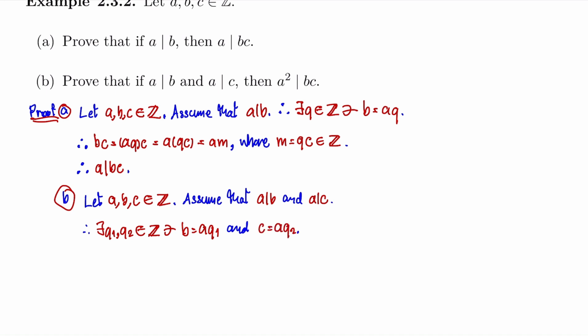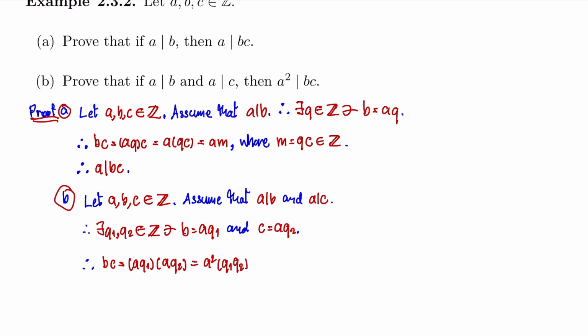Okay, so let's write BC. We want to show that A squared divides BC. So what happened to BC right now? BC becomes AQ1 times AQ2. Then we've got A squared times Q1 Q2.